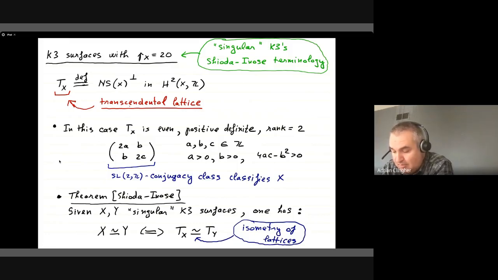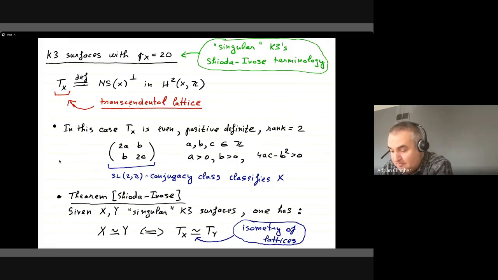So what happens in this situation? The rank 20 K3 surfaces don't form moduli spaces. They don't appear in families. But nevertheless, they can be very nicely classified via work of Shioda and Inose. And that is done by looking at the transcendental lattice of the surface, which is the orthogonal complement of the Néron-Severi in the second cohomology.